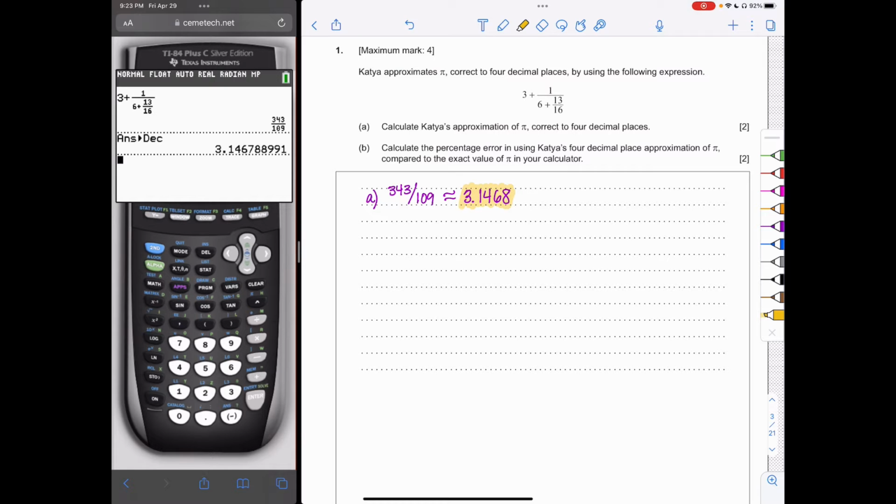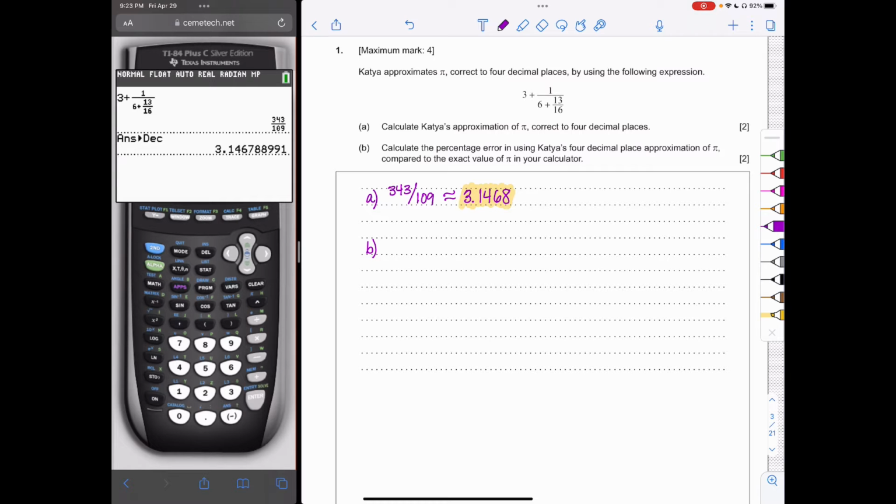All right. Next for part B. Part B says that we want to calculate the percentage error in using Katia's 4 decimal place approximation of pi compared to the exact value of pi in your calculator.